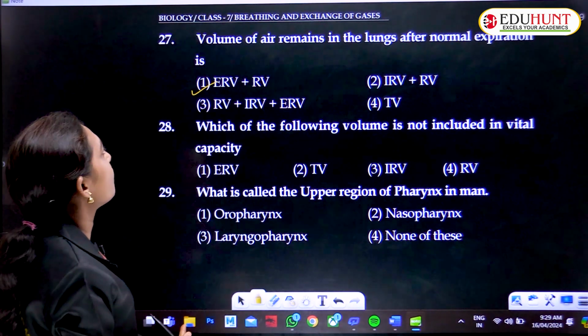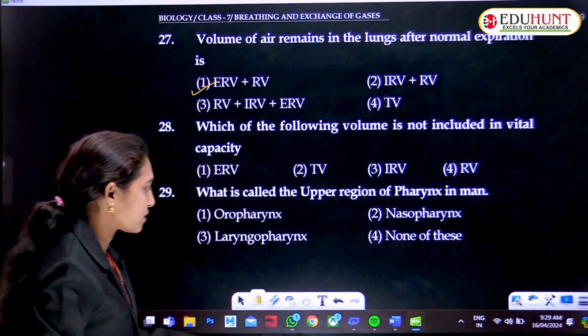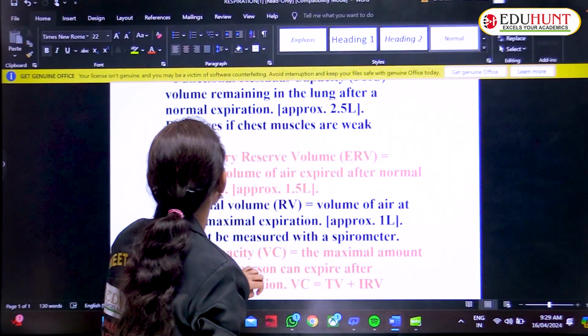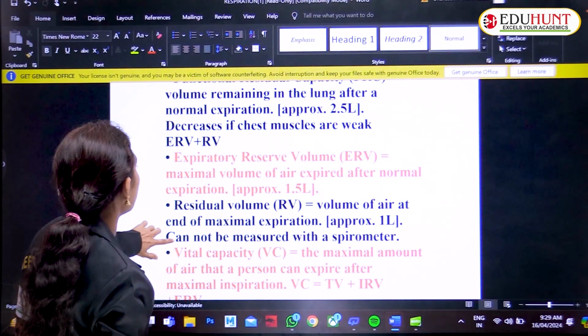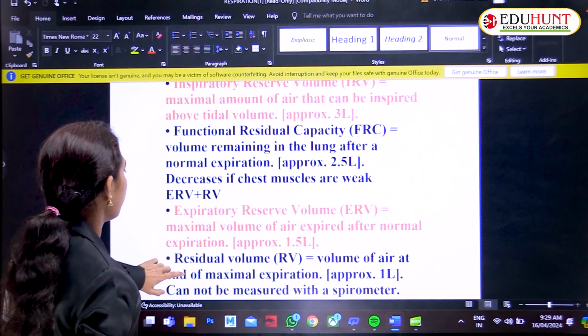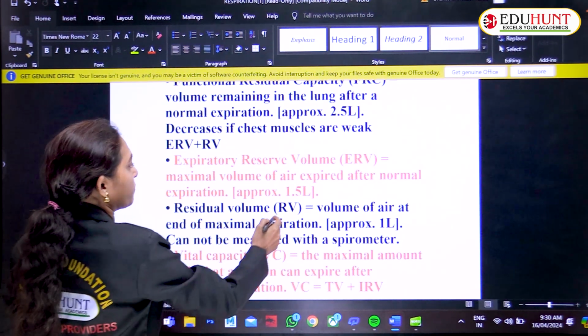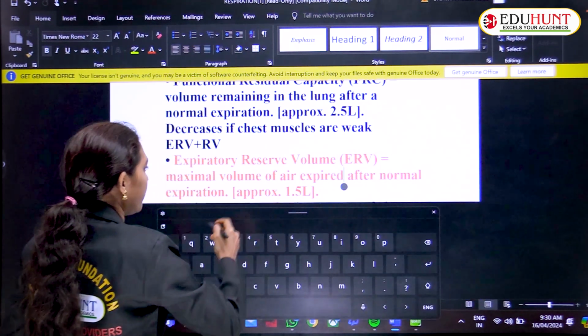This is the volume of air that remains in the lungs after normal expiration. Both these, ERV and RV.